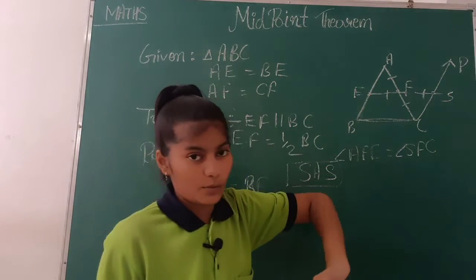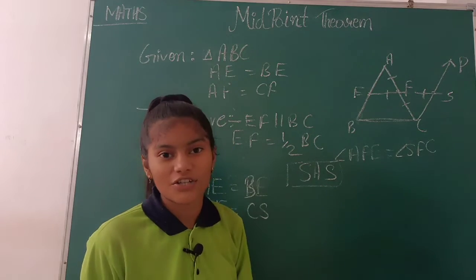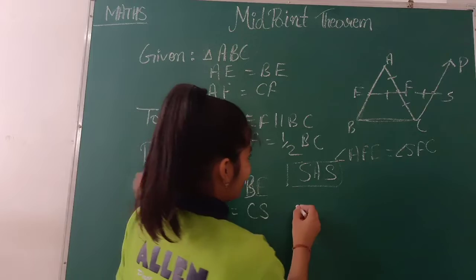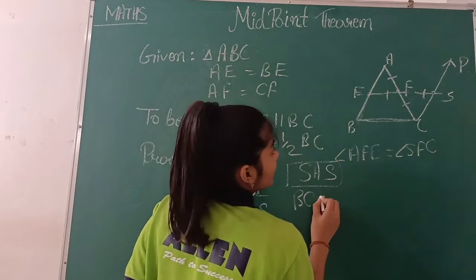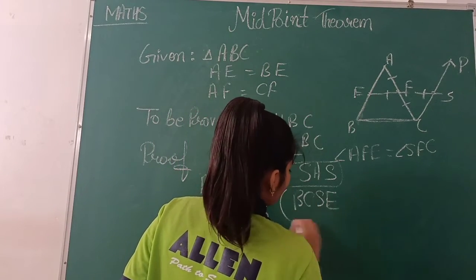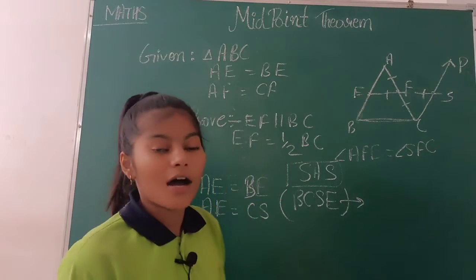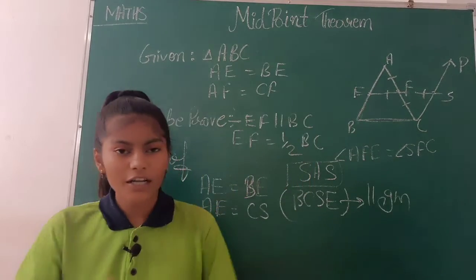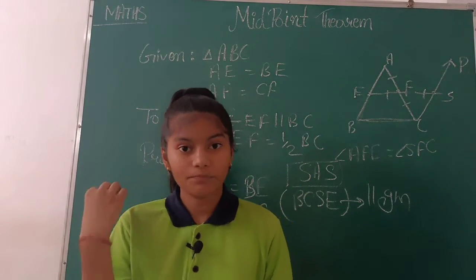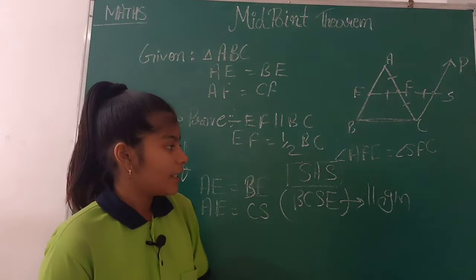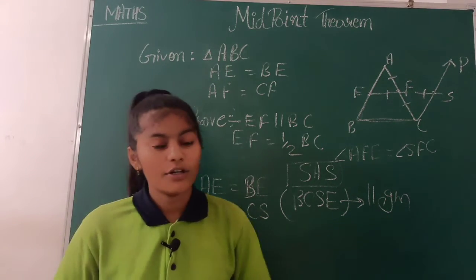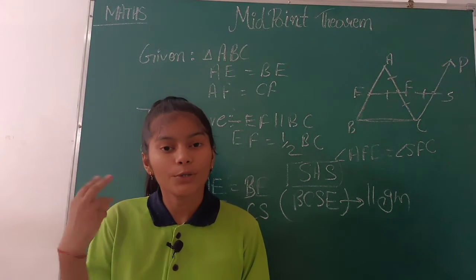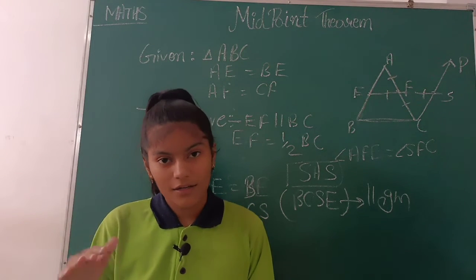This side will be equal, and they are also parallel by construction, and this side equals BC. So ultimately BCSE, this figure, becomes a parallelogram. Whenever we are given a quadrilateral, a four-sided polygon, it becomes a parallelogram when one pair of sides is parallel and equal, or two pairs of sides are parallel and equal.